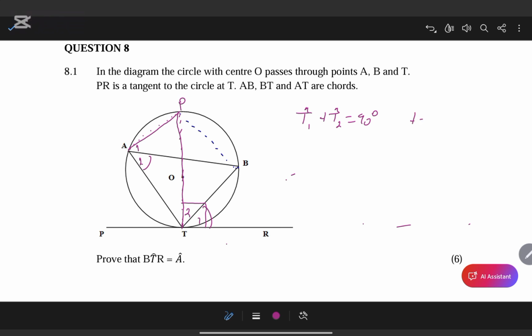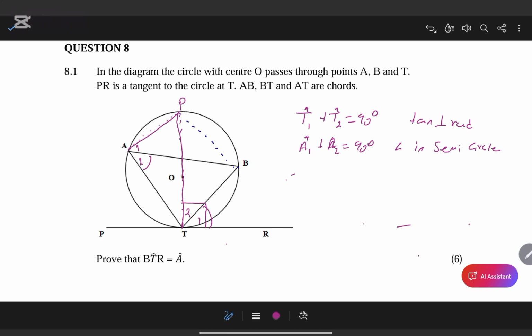What is the reason? Tangent is perpendicular to radius. We usually call that tan perpendicular radius. The next one is angle A1 plus angle A2 is equals to 90 degrees. Now this is angle in a semicircle.